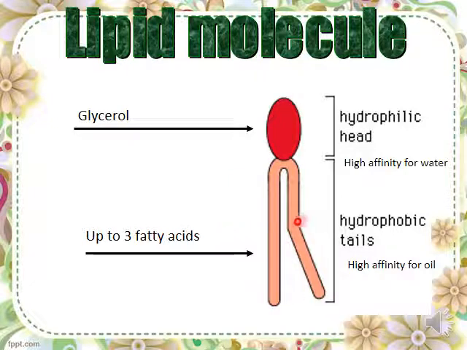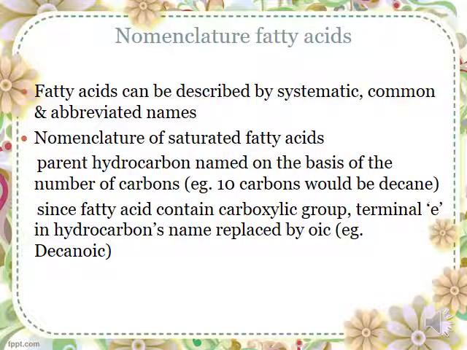One tail refers to one fatty acid, another tail refers to another fatty acid, and the third one refers to another fatty acid. Fatty acids can be described by systematic, common and also abbreviated names.